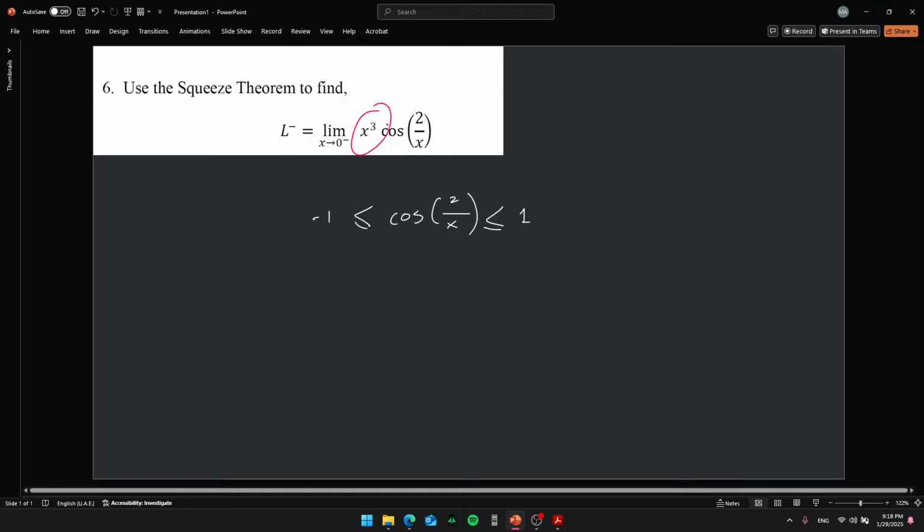So I need x cubed, so I'll multiply all of this by x cubed, so I get negative x cubed less than or equal to x cubed cosine 2 over x less than or equal to x cubed. So I'm basically distributing x cubed.